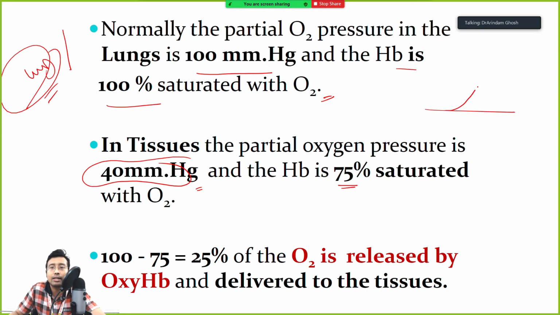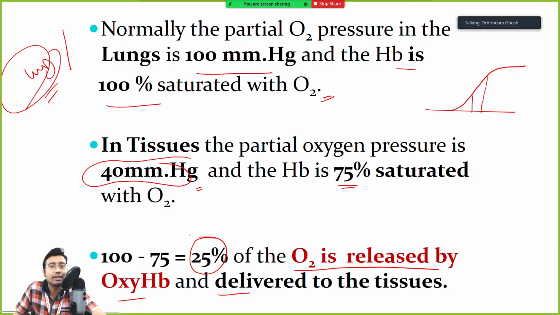And 50% saturation is at 27. So at the tissue level, if we calculate the difference, the oxygen that is released and delivered to the tissue is actually 25% of the total oxygen that is carried by the hemoglobin.